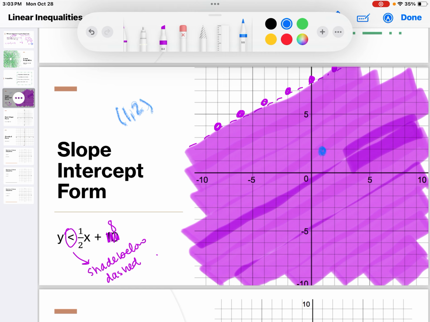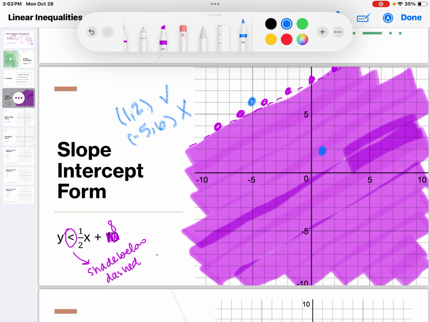Well, (1, 2) would be in the shaded region, so yes. If I asked you if (-5, 6) was a part of the solution, (-5, 6) is outside the shaded area, so that is not in the solution.